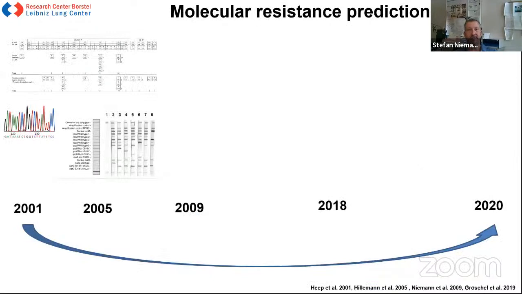So molecular resistance prediction per se is not a new technology. So we started already in 2001 and early on to use classical Sanger sequencing. And already there we started to understand resistance mechanism. In this case is rifampicin, but also of other drugs, although this was basically more cumbersome than using genome sequencing.